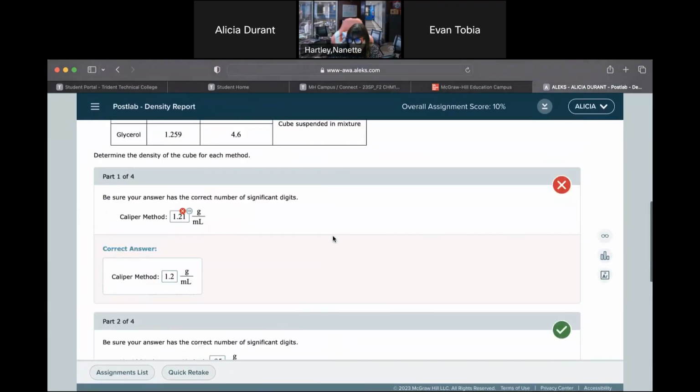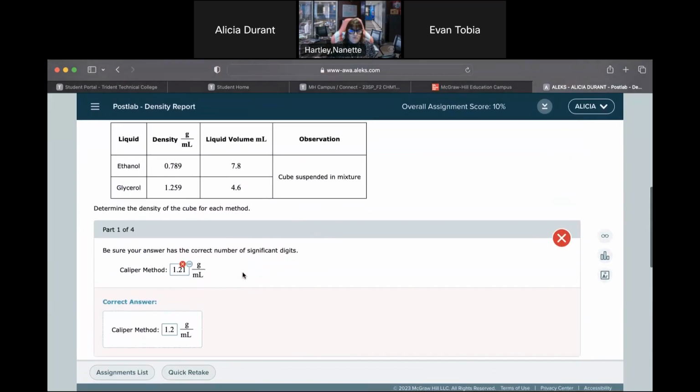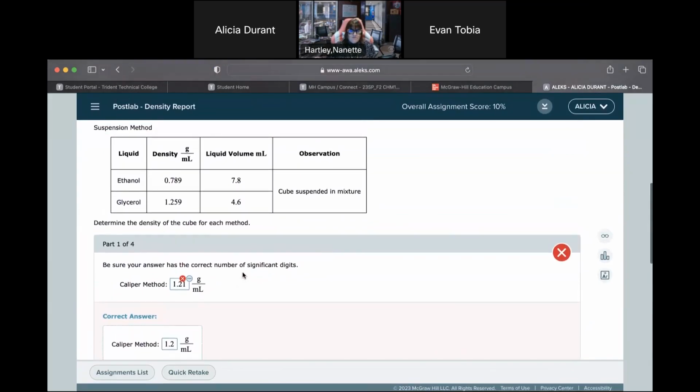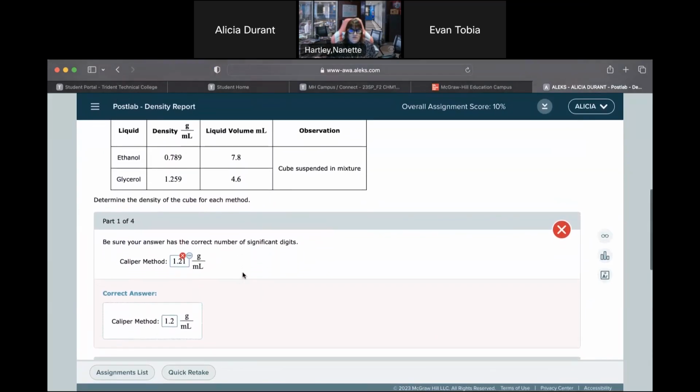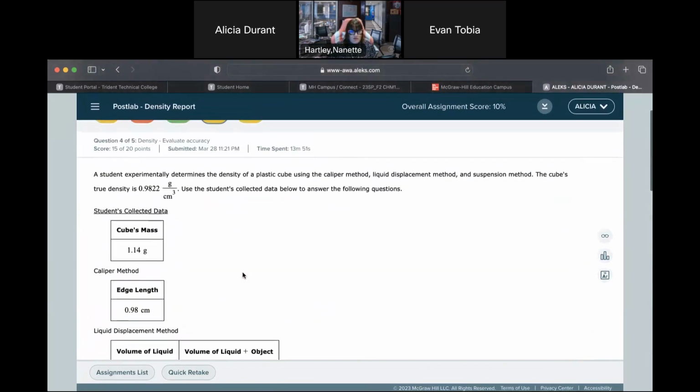Normally when there's an issue with the sig figs, it comes up and says to check your sig figs. Although it's not going to do that on a quiz, I can go back and adjust these grades. I just haven't had time to go back and look at all of them yet.